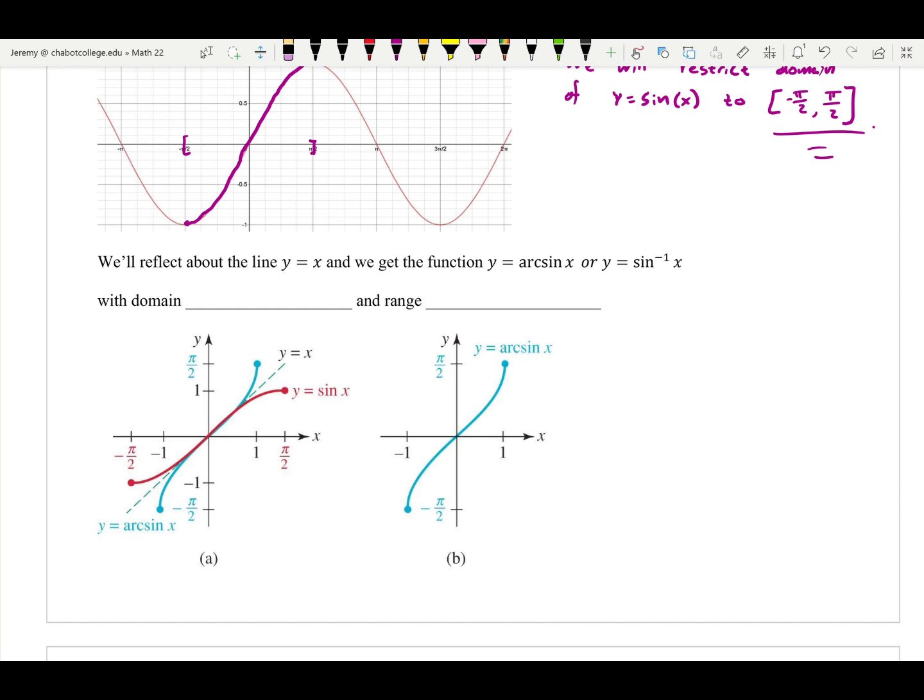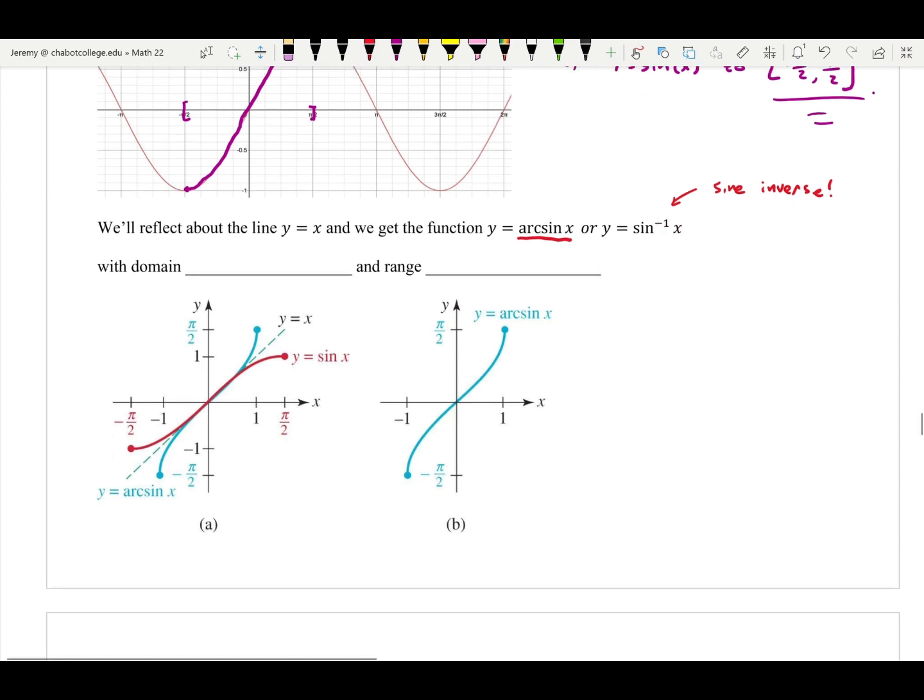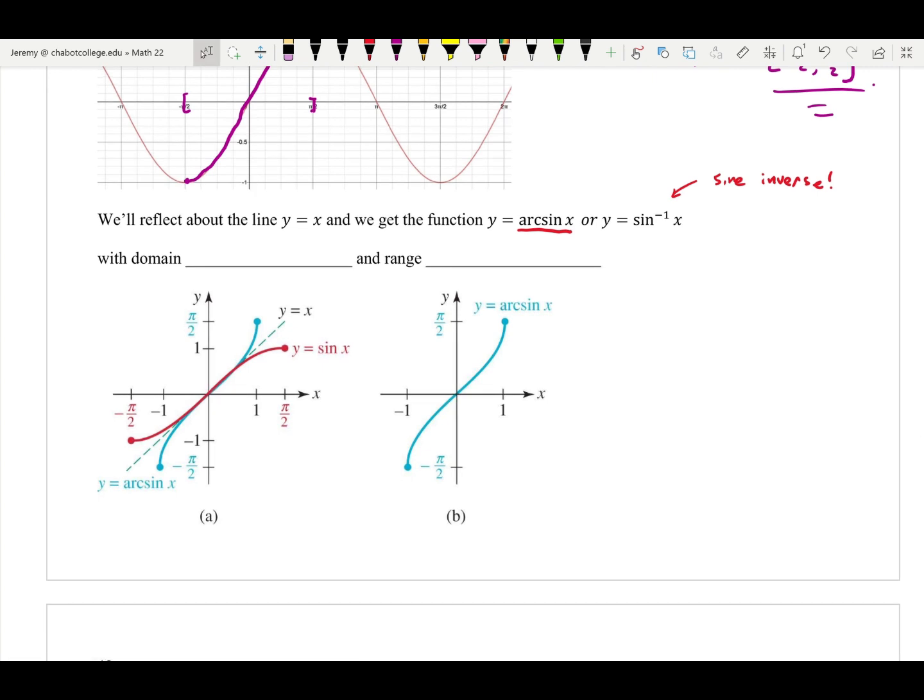So there's our notation. This is sine inverse. Or sometimes we write arc sine. This means the exact same thing. So if you see arc sine or sine inverse with a little negative first power, kind of following the standard notation we use for inverses, those both mean sine inverse.